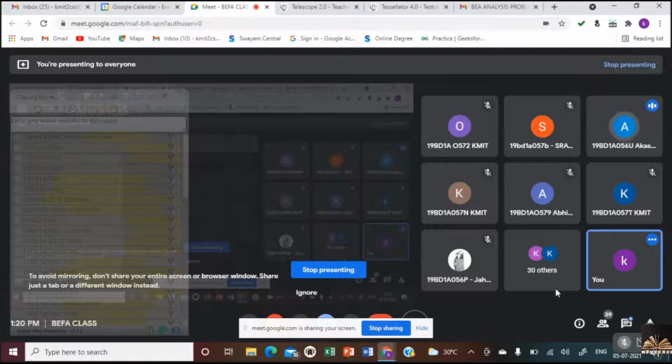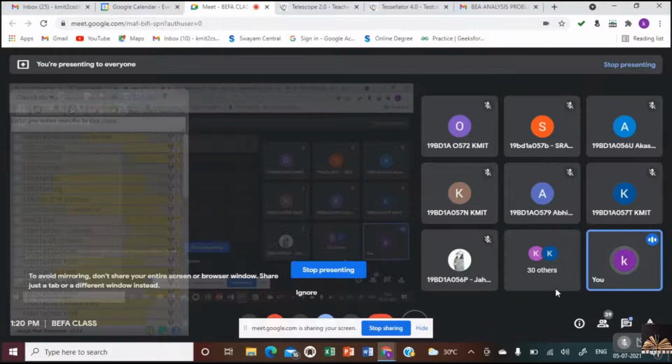Sales per unit minus variable cost per unit. Selling price 250 minus 50. So 200. How much did you get for the break-even? 40,000 divided by 200. Break-even is 200 units. Did you all get it? 200 units?